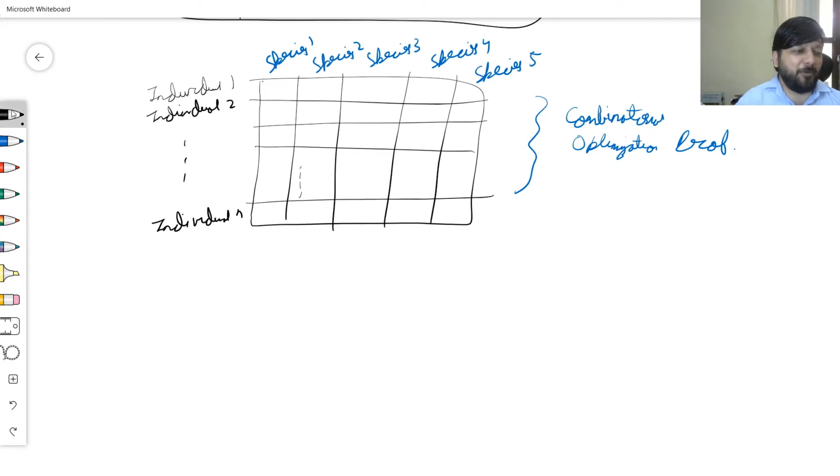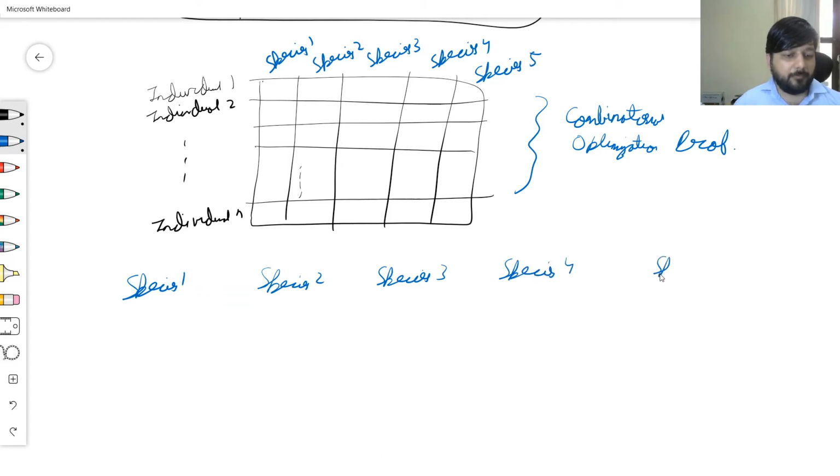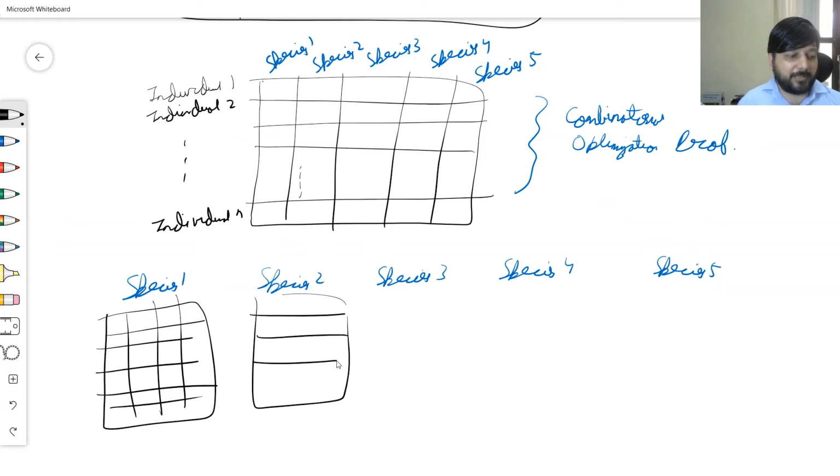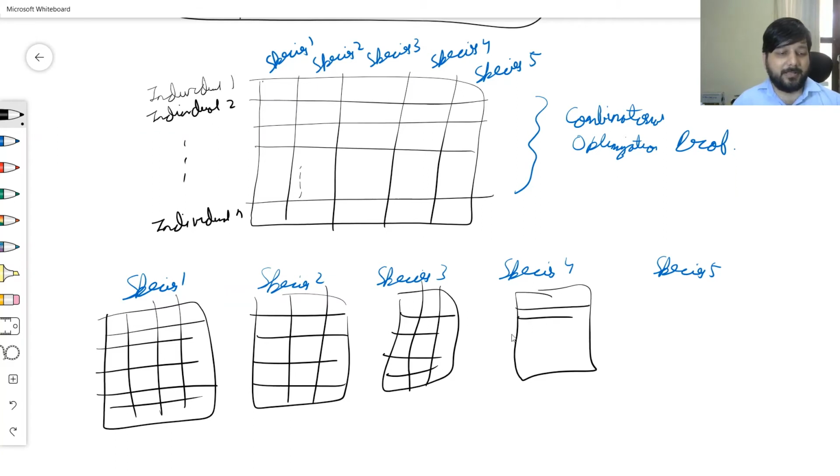Now, along with that, of course, I have my entire population of species 1, species 2, species 3, species 4, species 5. So that's some population over here, that is some population over here, and this is some population over here.